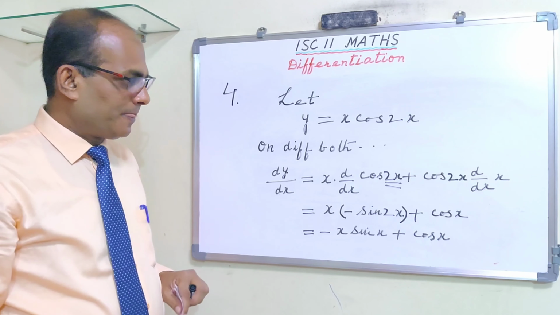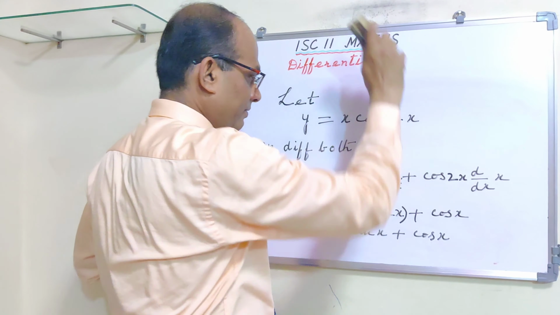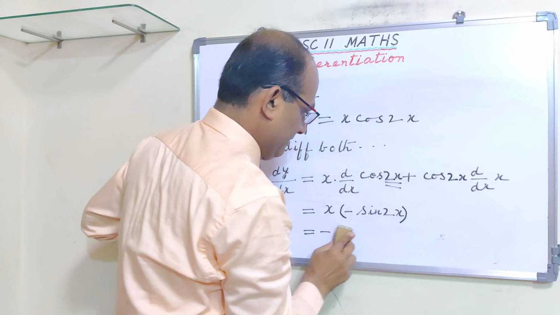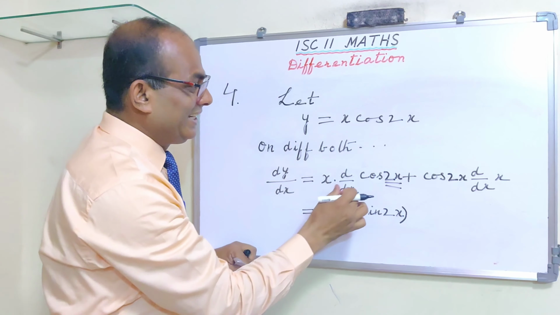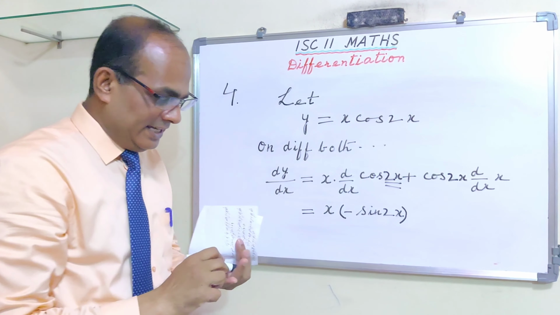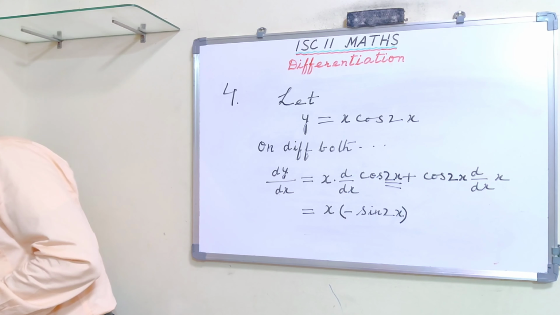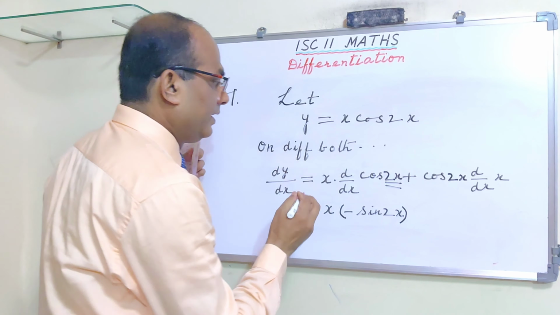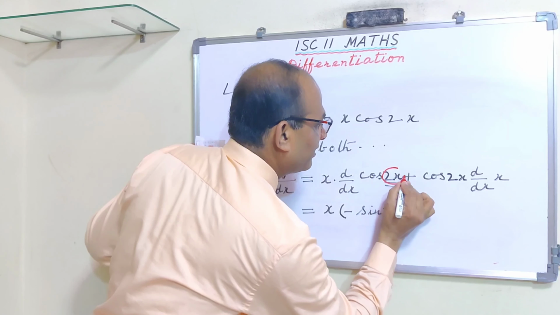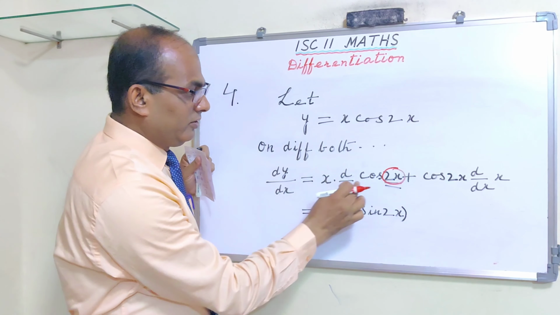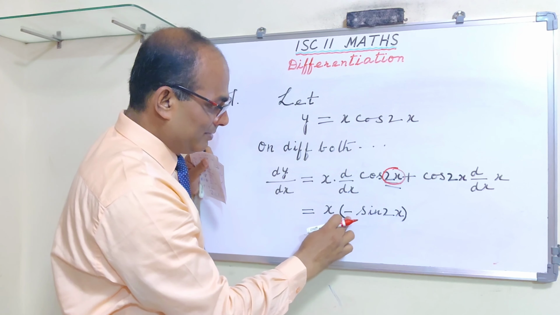Okay, let me write it down. d/dx of cos of this total, which we are taking as x. We suppose it is x, so d/dx of cos x is minus sin x.